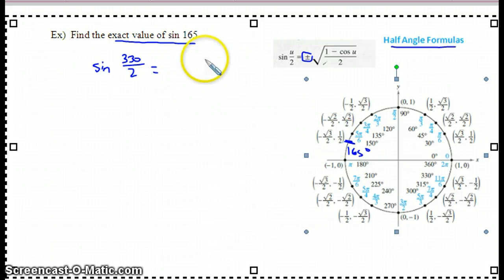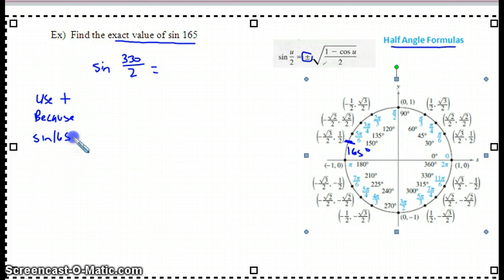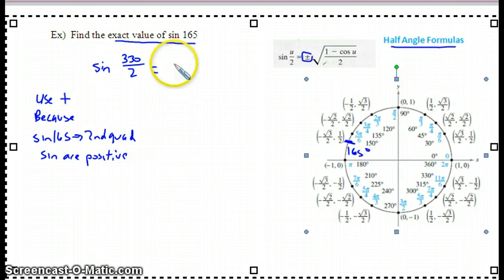So I'm going to use the positive, because the sine of 165 degrees is in the second quadrant and the sine values are positive. If I was dealing with a third quadrant angle, then I would have to use the negative. So I don't really need to put that plus or minus out there anymore. I'm just going to put the plus because that's the one I'm going to use.